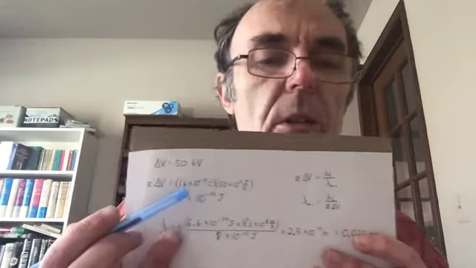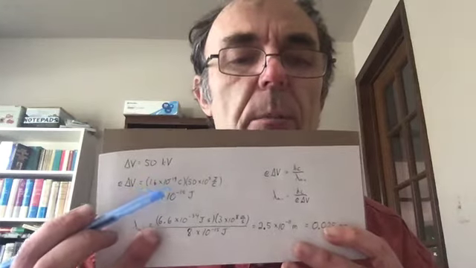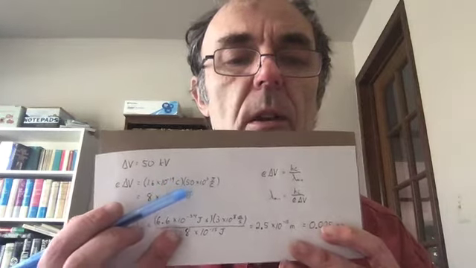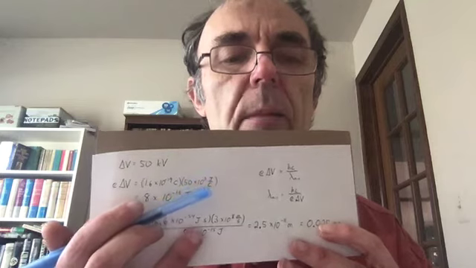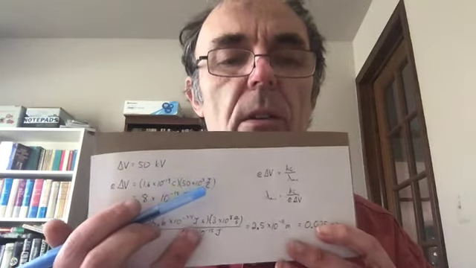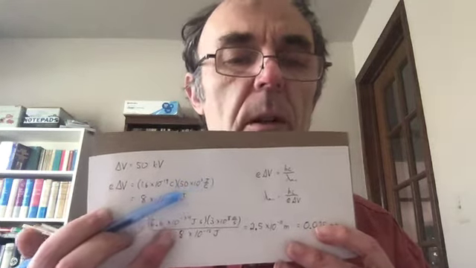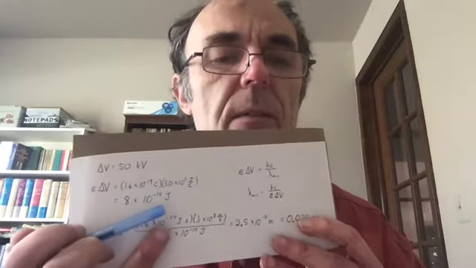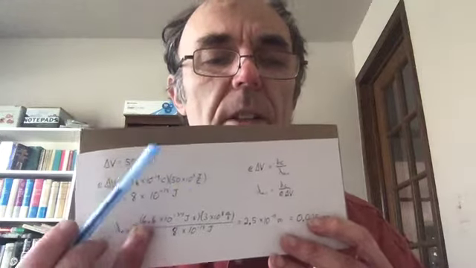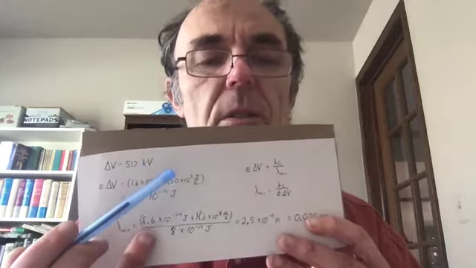So that's electrical potential energy. The charge of the electron is 1.6 times 10 to the minus 19 coulombs. The voltage is 50 times 10 to the 3, so that's 50 kilovolts. A volt is a joule per coulomb. Coulombs cancel, and you get 8 times 10 to the minus 15 joules, which is equivalent to 50 kiloelectron volts.